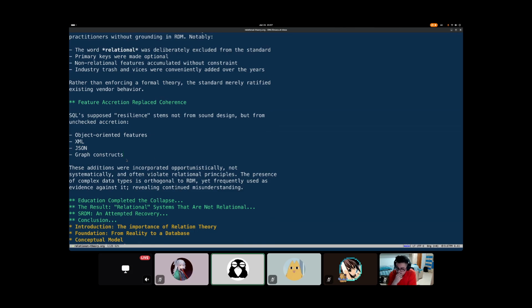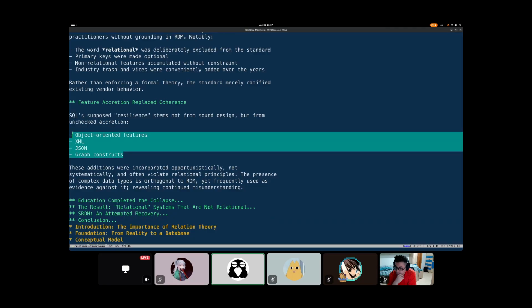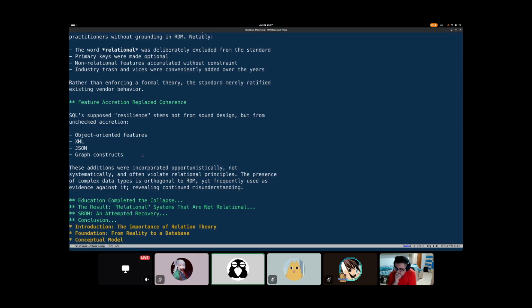So anyway, these things are just opportunistically added later, right? They don't have anything to do with the relational model. Man, you can implement all these things with the relational model. Like subtyping, you can implement with the relational model. So you don't need an object-oriented feature for that. You can implement XML with relations. You can implement JSON with relations.